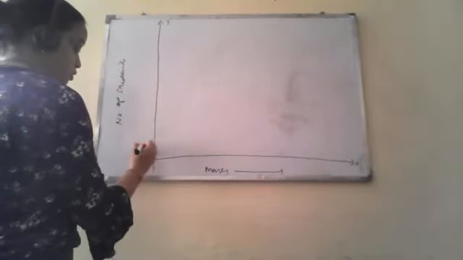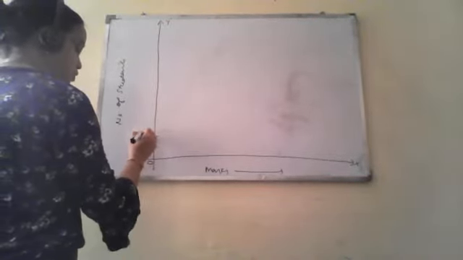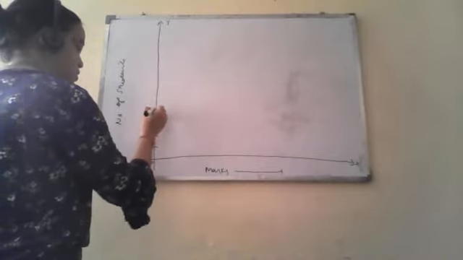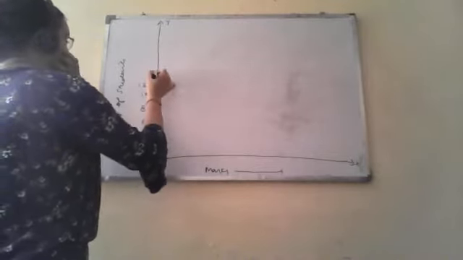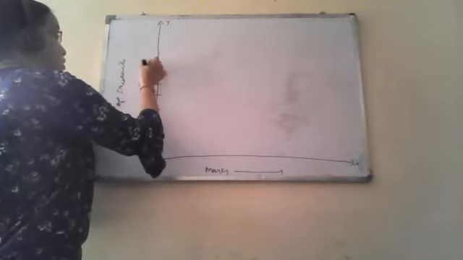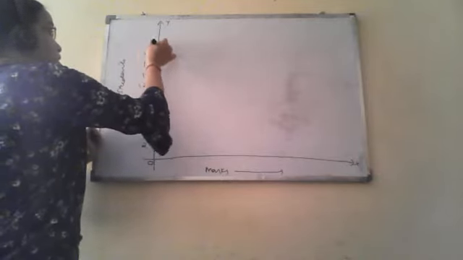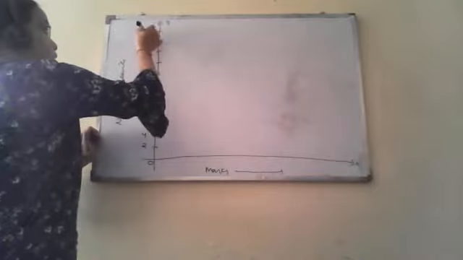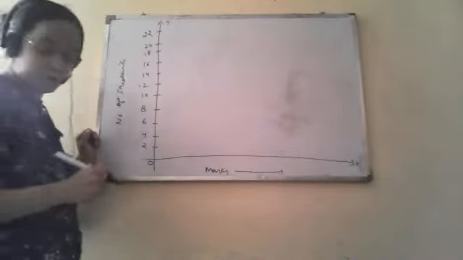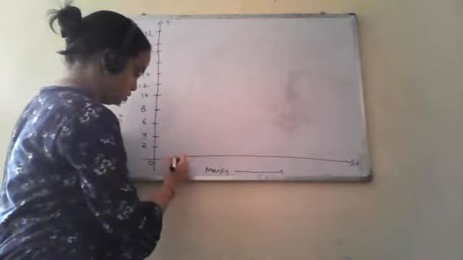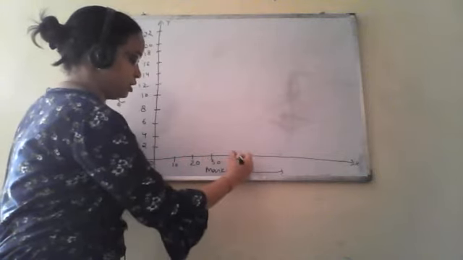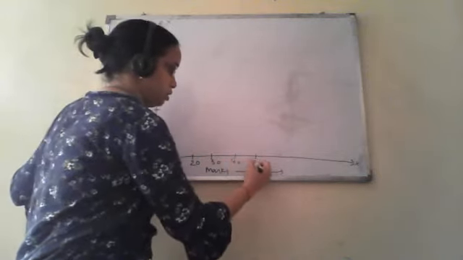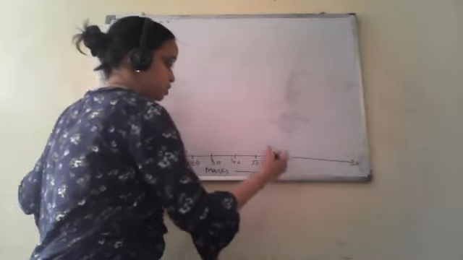So this is 0, 2, 4, 6, 8, 10, 12, 14, 16, 18, 20 and 22. The marks are 0, 10, 20, 30, 40, 50, 60.